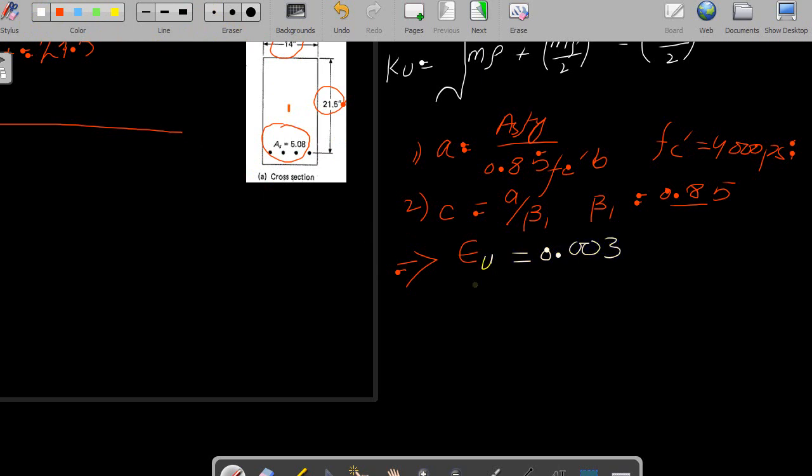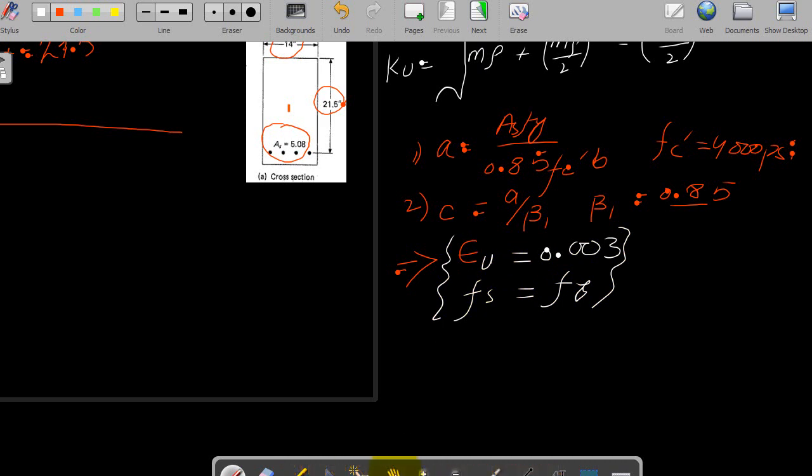This is our assumption, right? And the next criterion is that Fs, the steel, must be yielding. We will use these two criteria and later we will check whether they are fulfilled or not. If this is fulfilled, we will proceed. If it's not fulfilled, we have to revise our design.